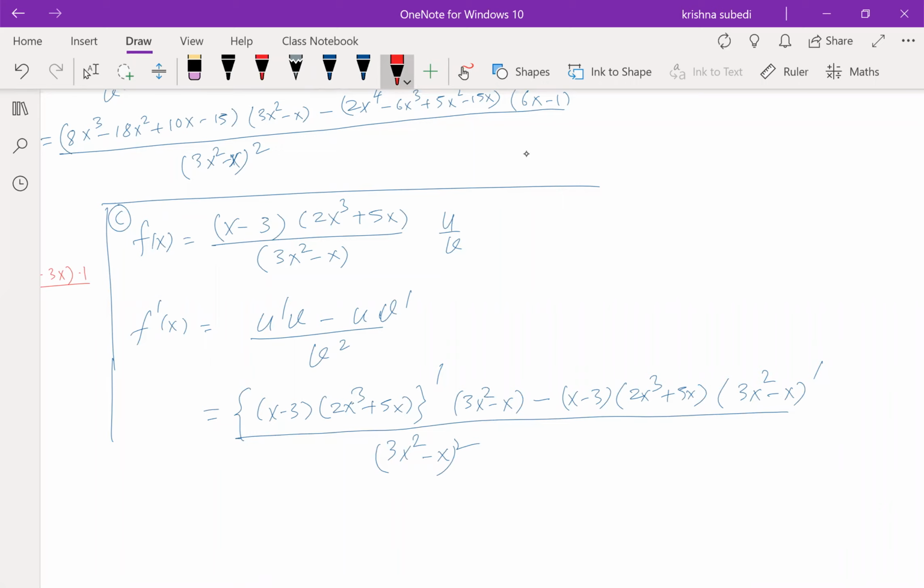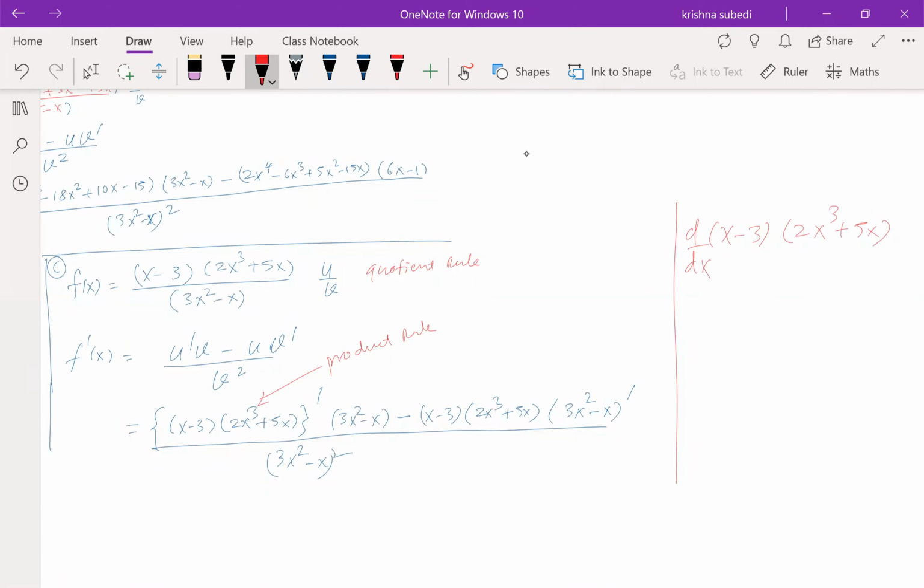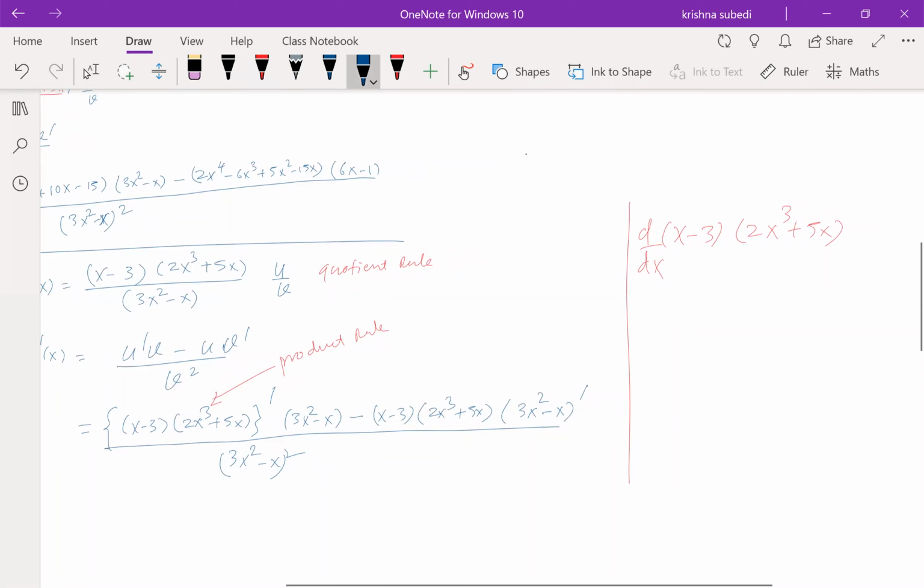Now you see you need to use the product rule here. First the quotient rule, and then the product rule. So let us find the derivative of that using the product rule, and then we just copy and paste. We want to find the derivative of x minus 3 times 2x cubed plus 5x. Suppose this is u and this one is v.